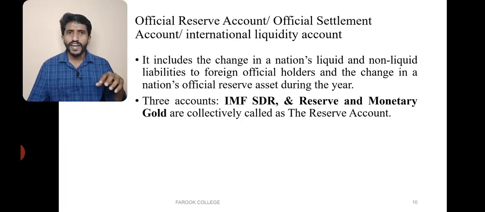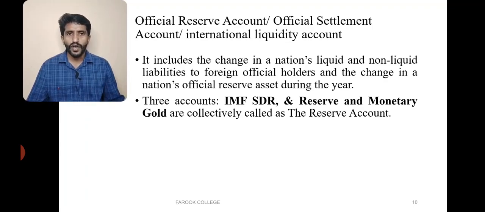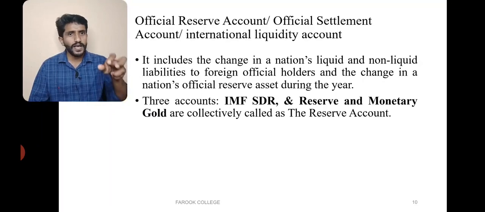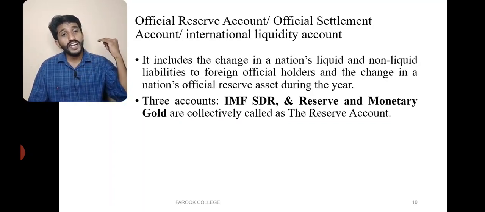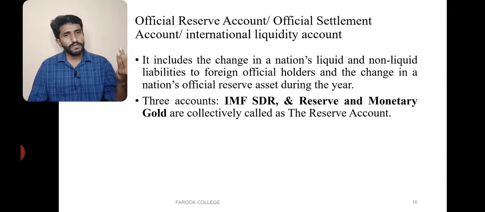Each country will have some kind of liquid and non-liquid liabilities with them. Each country will be keeping some amount of money there, and they will have some liability there. That is the liability first. Secondly, change in the nation's official reserve assets. As I said, there will be some kind of reserve for us. In India, we have some euro and dollar, and some gold.